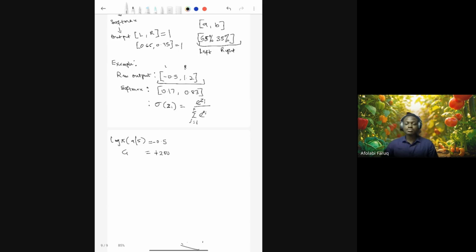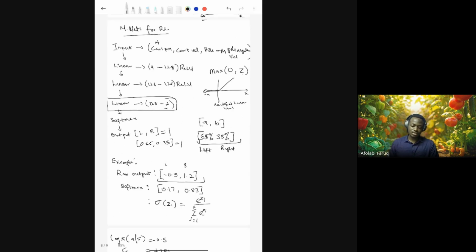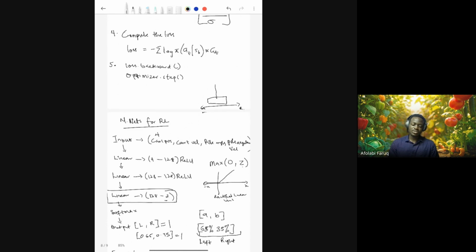That's the return. So the loss contribution, and don't forget that we mentioned during our loss calculation that the loss equals the summation of log probability of an action given its state times the return.